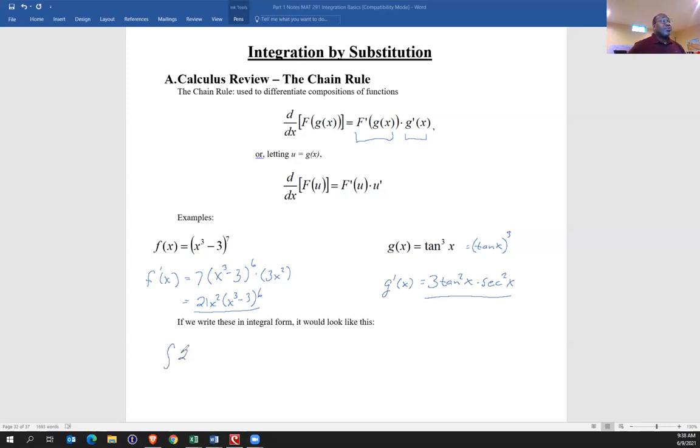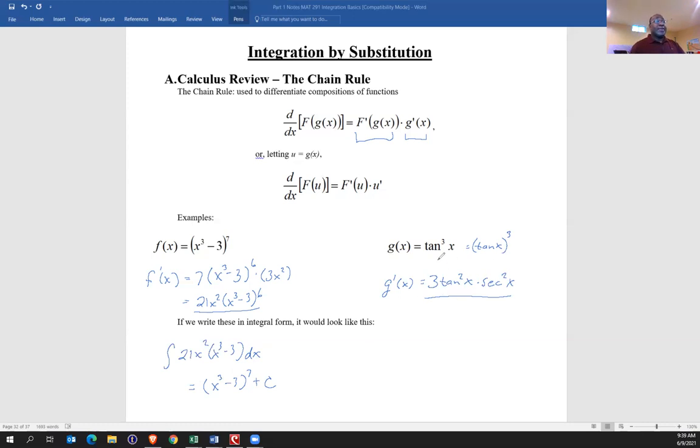The integral of 21 x squared times (x cubed minus 3) to the 6th power dx is equal to (x cubed minus 3) raised to the 7th power plus c. Of course, when you integrate or anti-differentiate, you're looking at the general antiderivative. That's why we include the constant plus c.